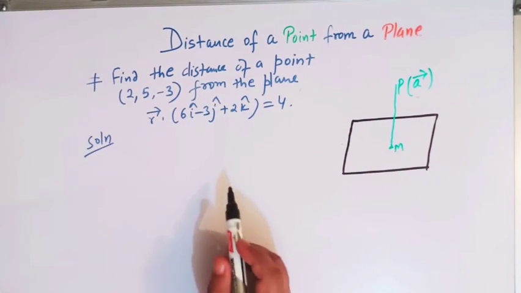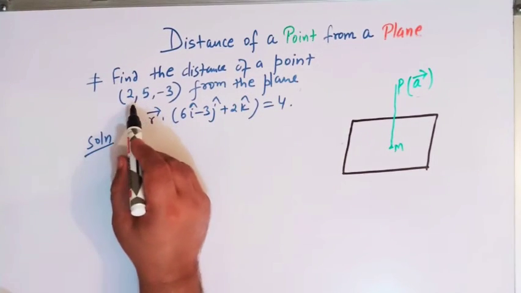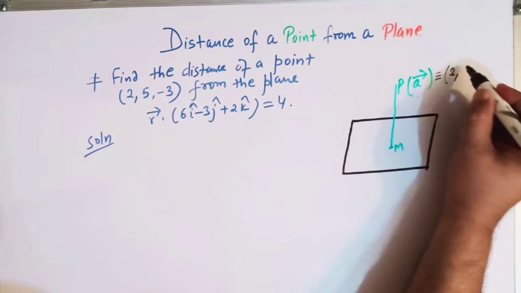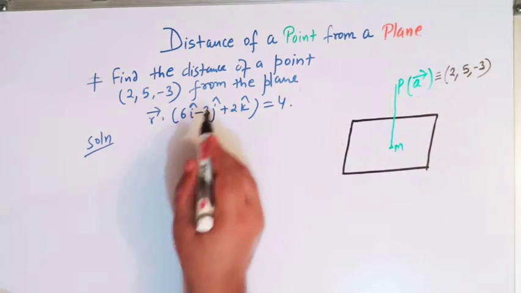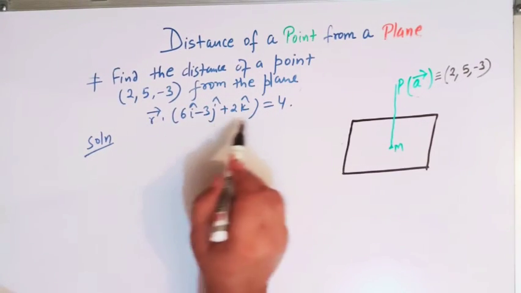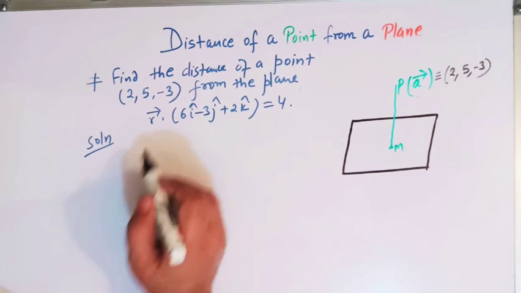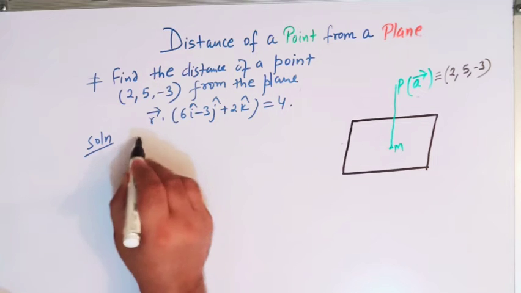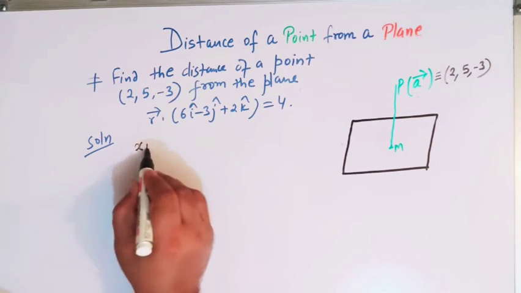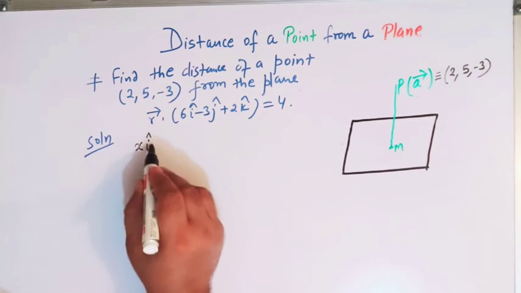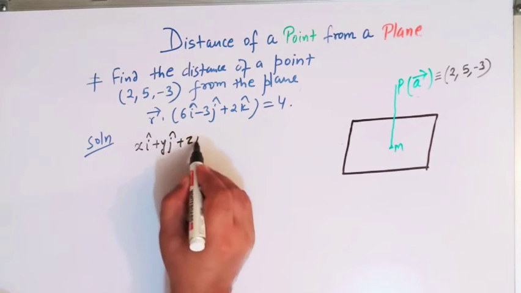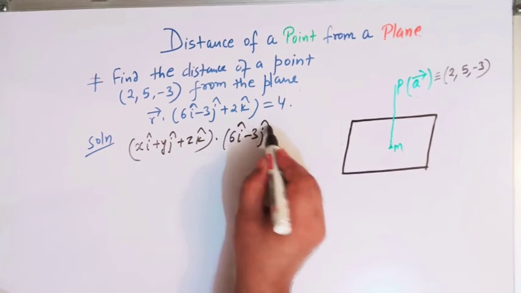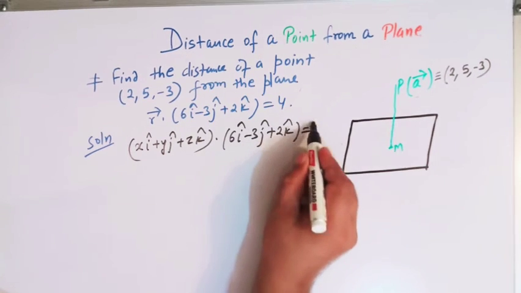Now viewers, let us take this problem. Find the distance of a point 2, 5, minus 3, and the equation of the plane is given by this vector equation. If we convert this vector equation to Cartesian form, for vector r we write xi cap plus yj cap plus zk cap, dot 6i cap minus 3j cap plus 2k cap is equal to 4.